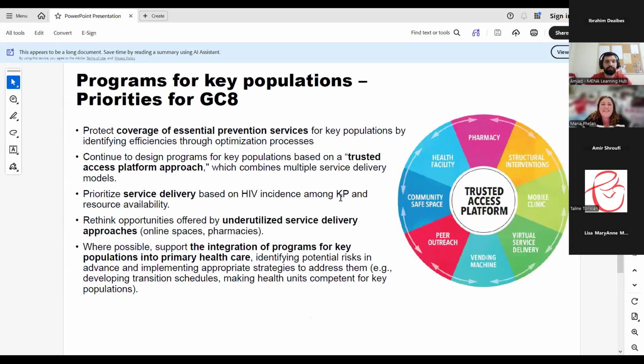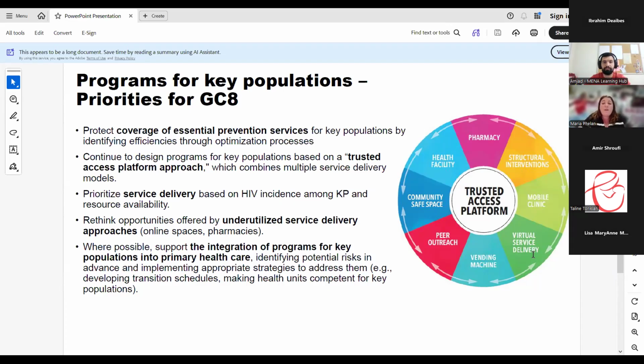So I also wanted to talk a little bit about the priorities for GC8 for key populations. We have really worked in line with new guidance produced by the Global Prevention Coalition on managing and scaling key populations programs. We'll drop the link to that guidance in the chat because it's quite comprehensive and really supports budgeting and planning for KP programs using what is called a trusted access platform approach.